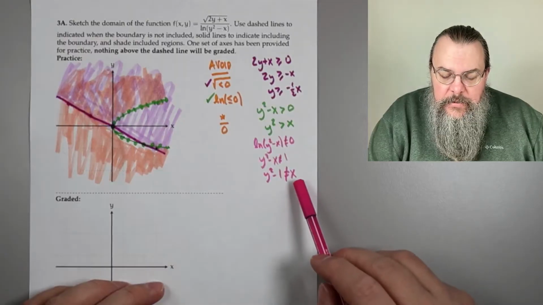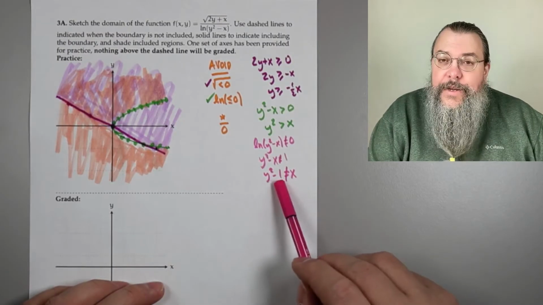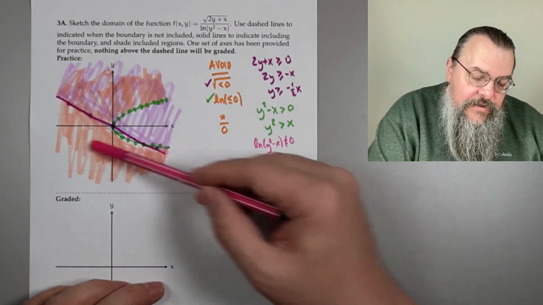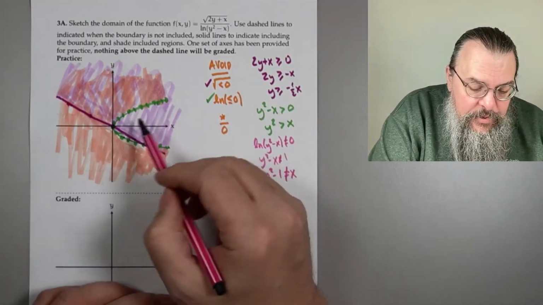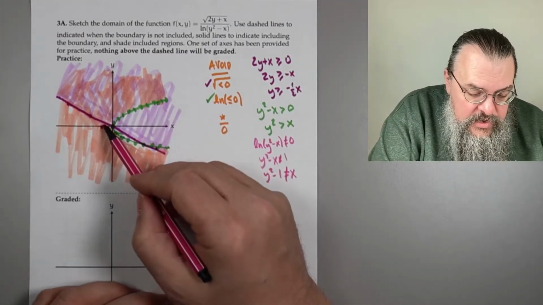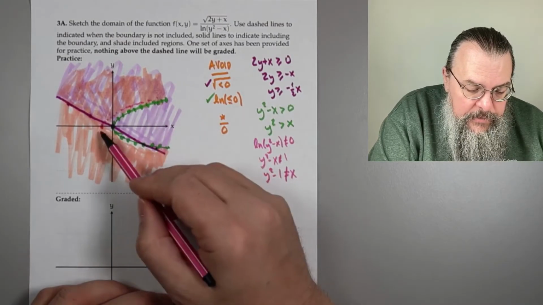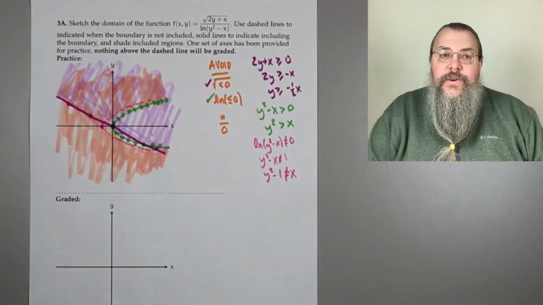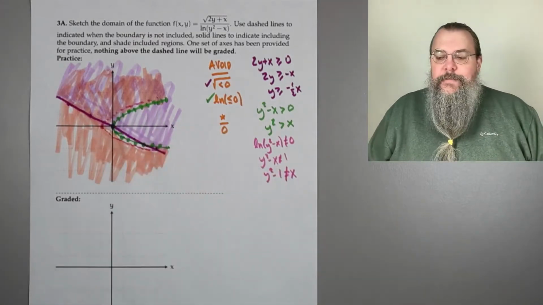Here, you are subtracting 1 from all the x values, which means you shifted to the left. So it's this parabola, but just shifted over by 1. So there we go. We have to avoid these points as well.